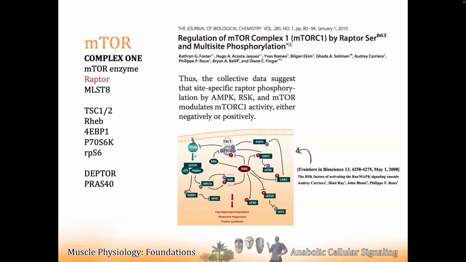RSK also suppresses BAD, right? We talked about that earlier, an apoptotic protein that PKB also suppresses. BCL2 associated agonist of cell death, so we're warding off apoptosis. Downstream from mTOR, RSK phosphorylates some of its targets, sort of unrelated to mTOR. It phosphorylates ATF4, so let's get some collagen.